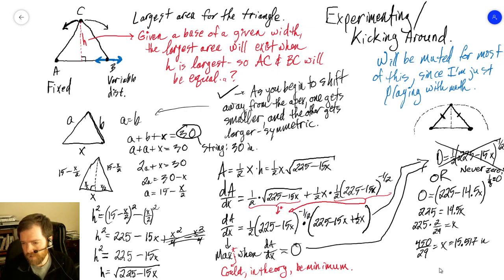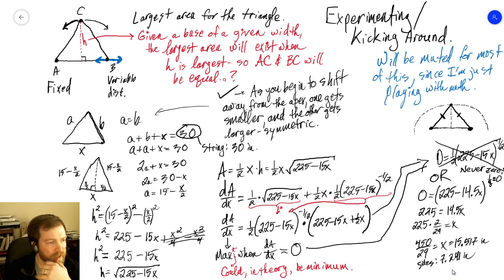So each of the other ones should be about 7.24. Generally speaking, I'm not going to be that sloppy with this. I'm probably just going to round off, make it 15.5 and 7.2 inches each for the sides. It does round all three of them down, so technically it's not quite right, but yeah, whatever.